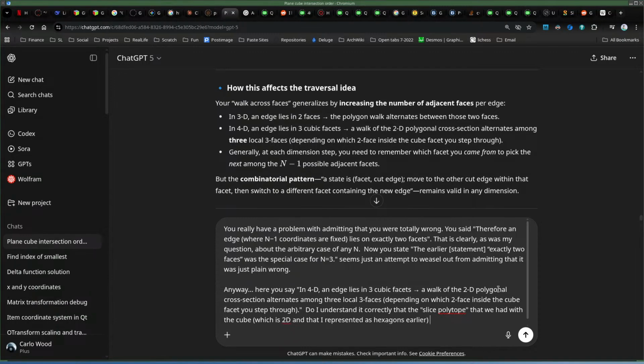What represented? What is the word? Maybe by then, represented by. Is no longer 2D.